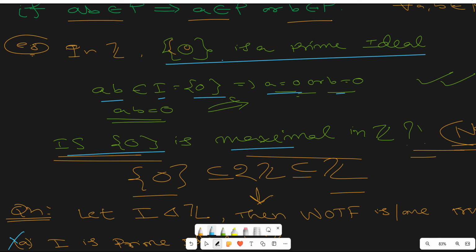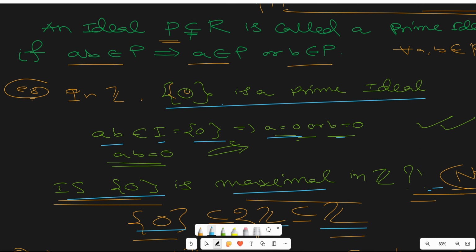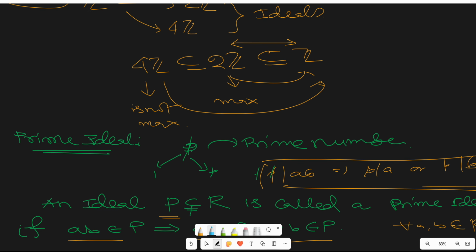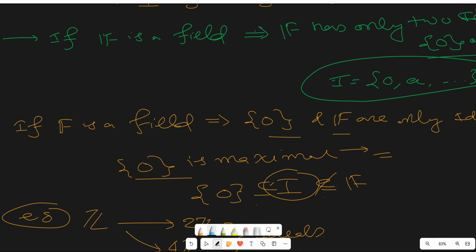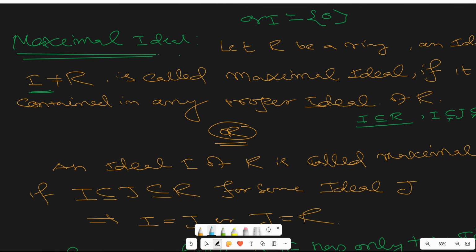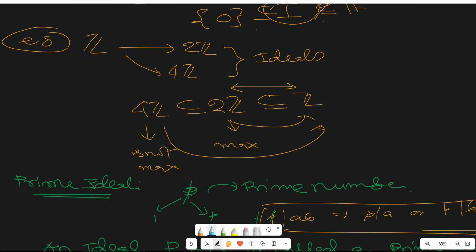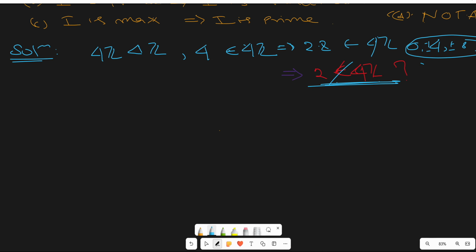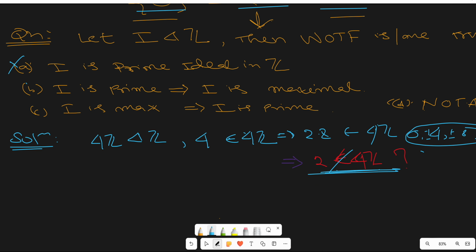But 0 is not a maximal ideal, because 0 is inside 2Z, which is inside Z. Are you getting my point? So the second option is also false.